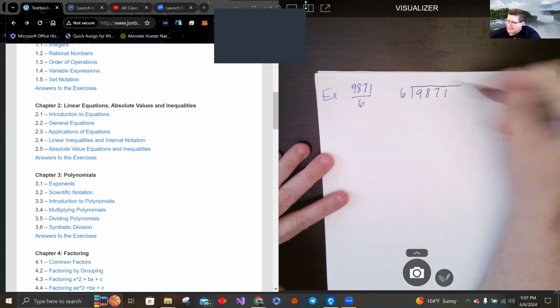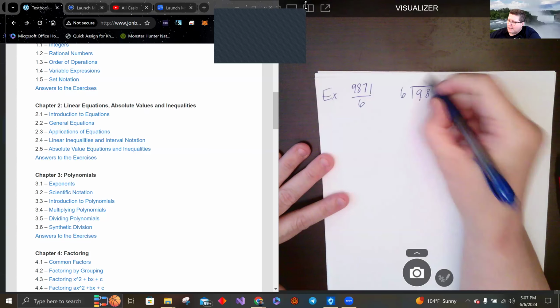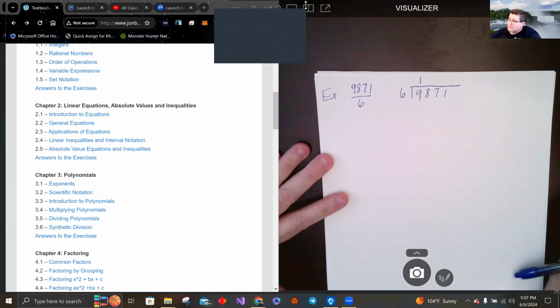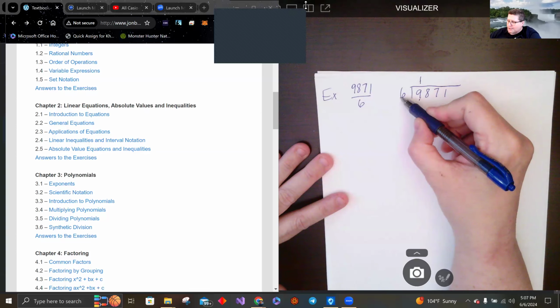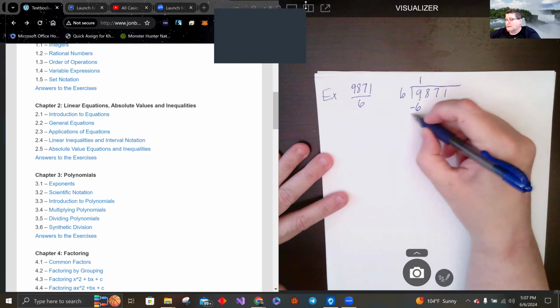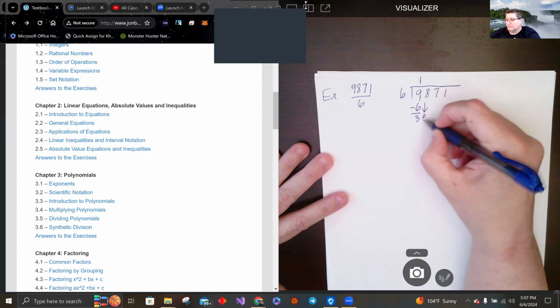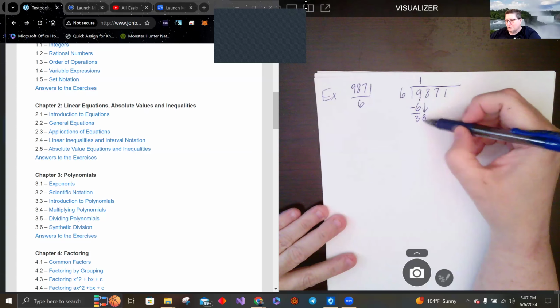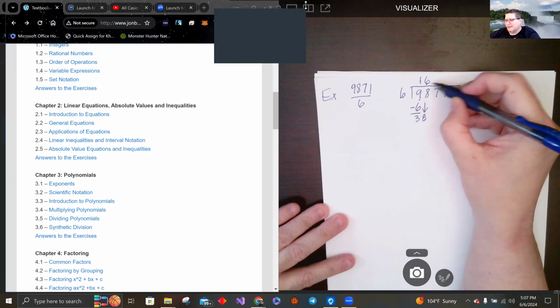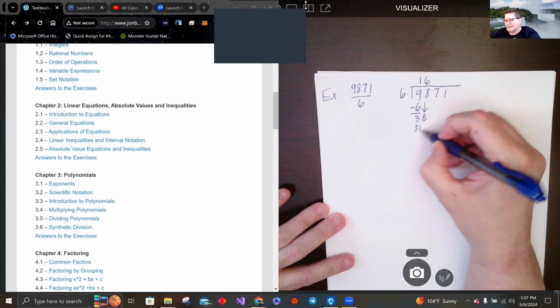Each time we see how many times it goes into the first thing, we put that amount above it. We take this number, we multiply it, and we subtract. And we bring down the next number. And we keep repeating that. 6 goes into 38 6 times. 6 times 6 is 36.